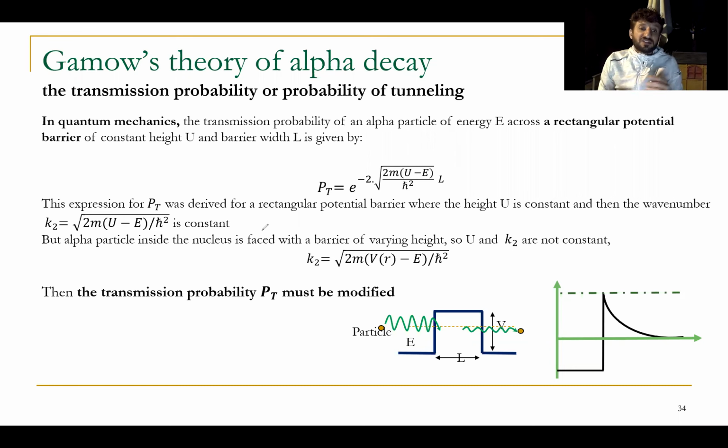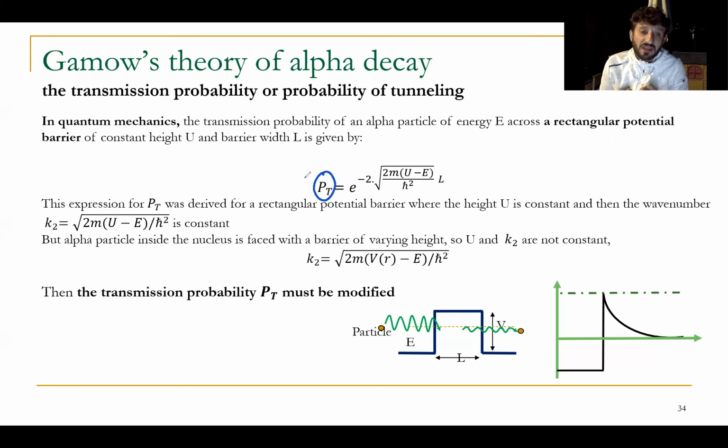This expression of Pt is for the rectangular potential barrier where U, the height, is constant, and then the wave number k2 is constant. So in this case we have a constant Pt in the case of a rectangular barrier.